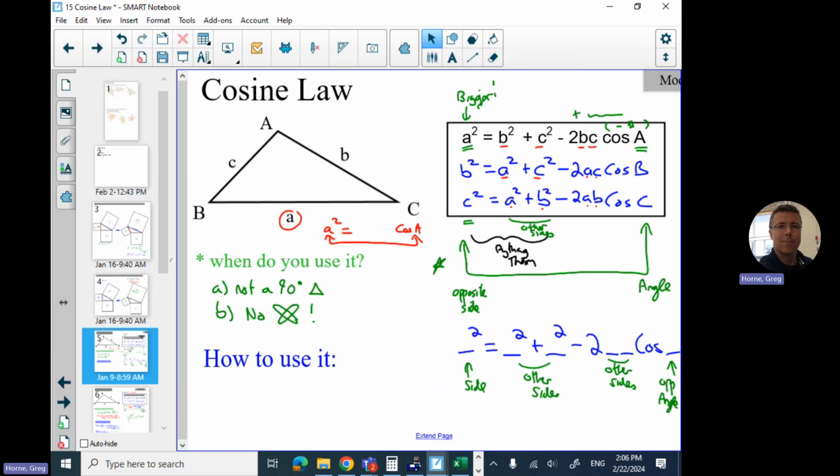So I've already done the how to use it part a little bit, and basically it revolves around this: if you have an angle and you're looking for the opposite side, that's amazing, right? Because then you're looking for this and you know the opposite angle, then great. And in that scenario, you would know the other sides.